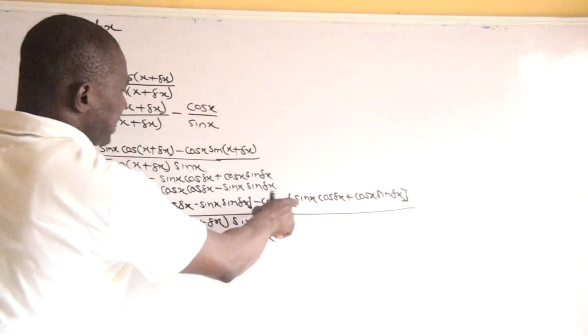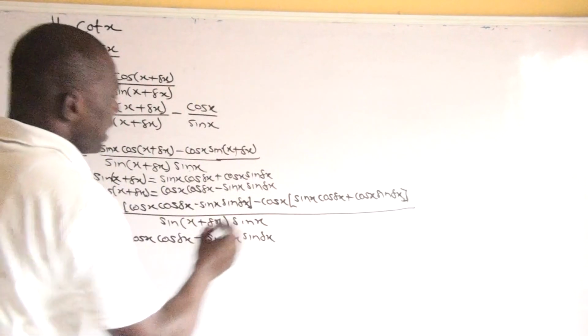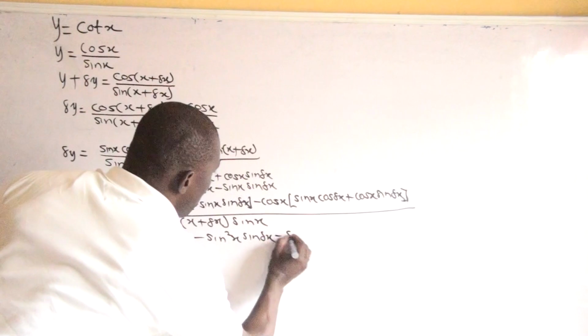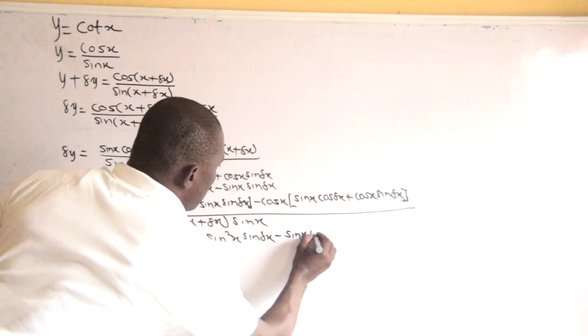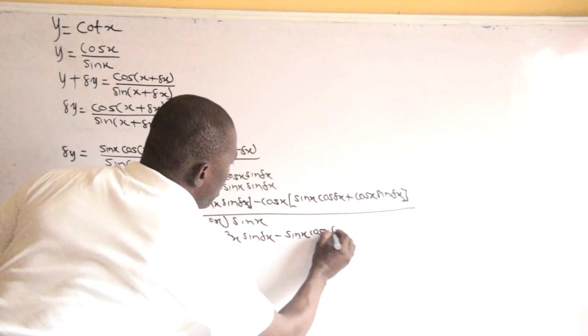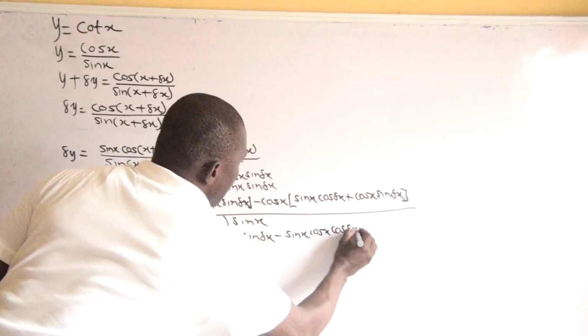Cos x minus cos x times sin x cos delta x will give us minus sin x cos x cos delta x.